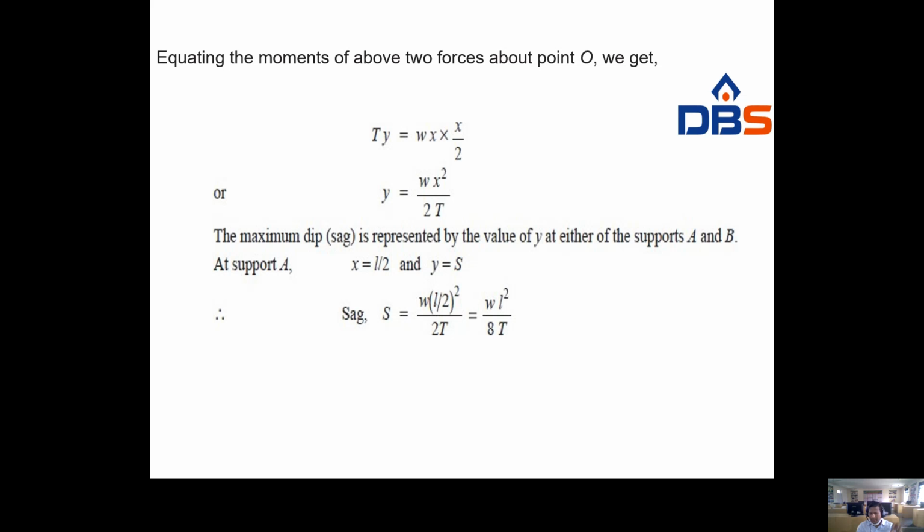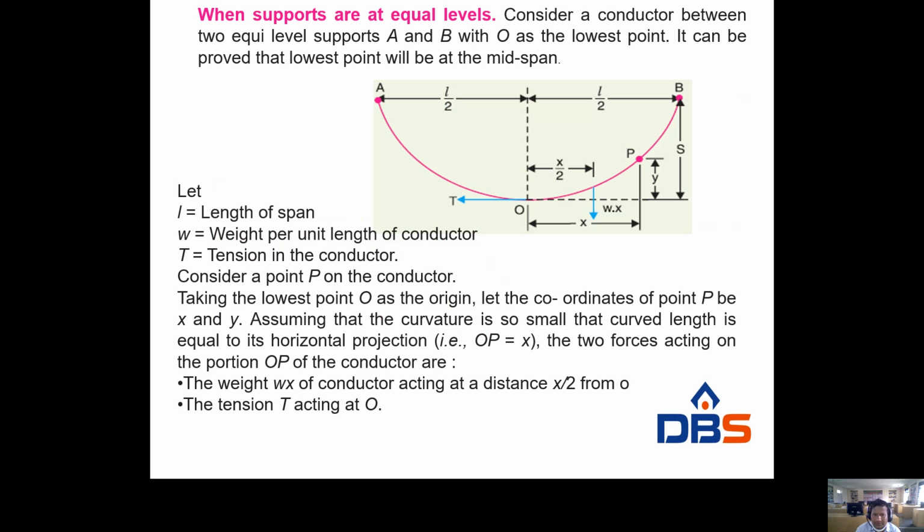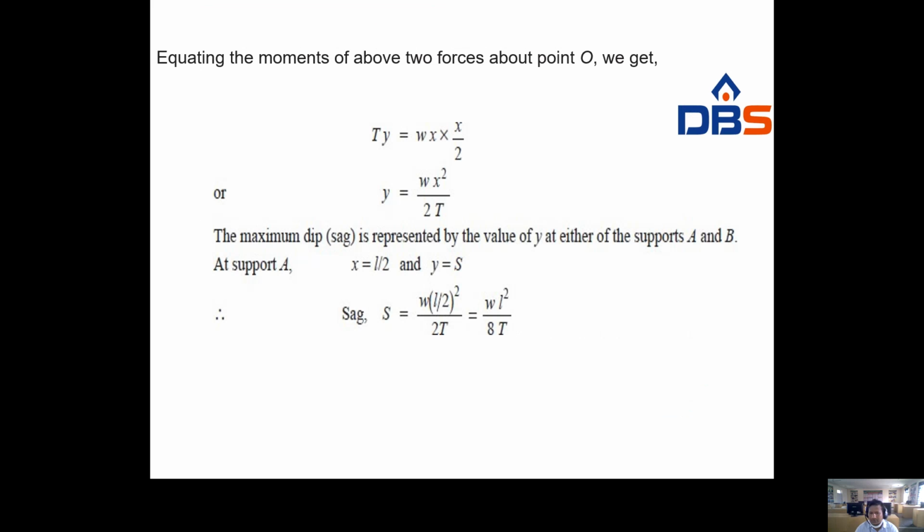Suppose I take from support A, x is the length from A to O, that is L by 2. So x is equal to L by 2 and y is equal to S, the sag. Substituting x equal to L by 2 and y equal to S in the above equation, sag S is equal to W into (L by 2) square by 2T, that is equal to WL square by 8T.